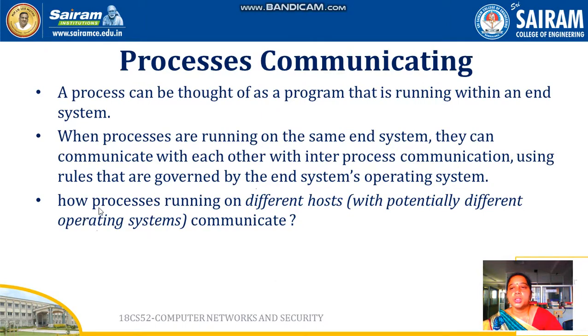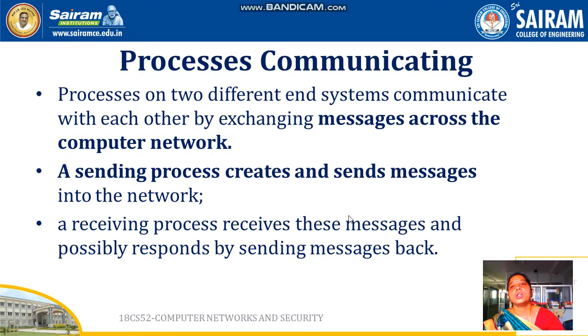Then comes how processes running on different hosts, with potentially different operating systems, communicate. Processes on two different end systems communicate with each other by exchanging messages across the computer network. As I said, through the network they will communicate.